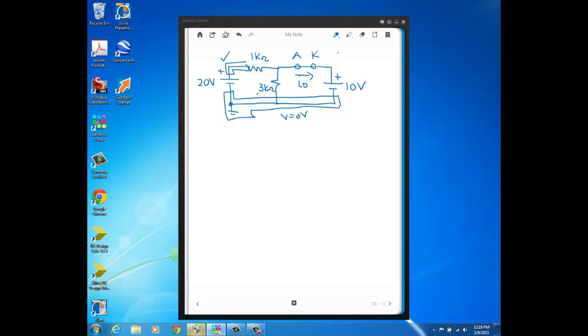And likewise, we know that there's 10 volts at this node with respect to ground. So when you do a nodal analysis, you find that all the node voltages are known. So we can find the currents using Ohm's law.